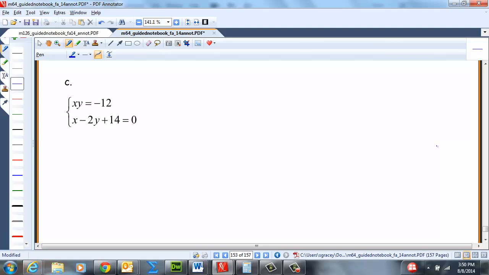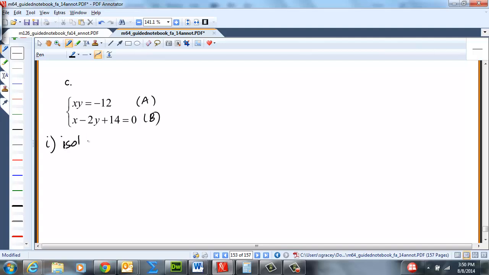And then part C. Call this guy equation A and equation B. Our first step is, let's see, why don't we go ahead and isolate x, I guess.